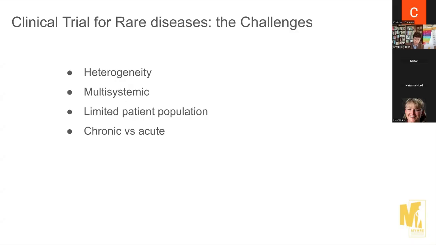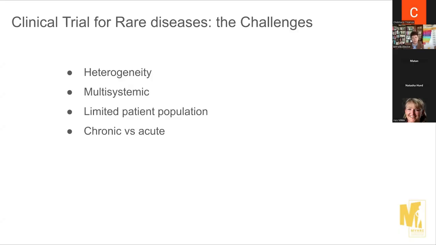So the heterogeneity is a real issue, in the sense that it decreases the number of patients where you can test the compound or the treatment. And at the same time, there is this heterogeneity because it's multi-systemic, so it's going to act on different parts of the body, like cardiac, respiratory, immune system, neurodevelopment, and so on.